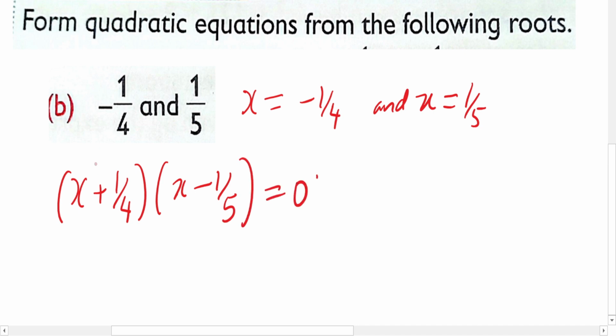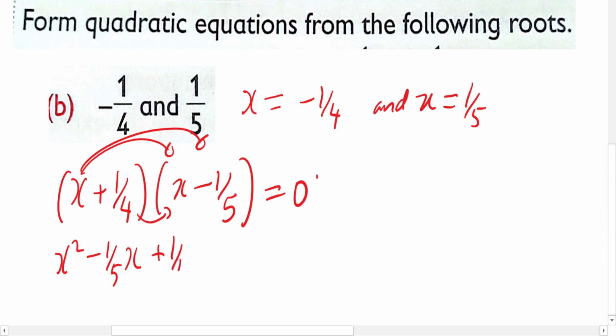Okay, so now x times x will give you x squared. X times -1/5 gives you -1/5x. A quarter times x will give you a quarter x, and a quarter times -1/5 will give you -1/20, which is equal to 0.